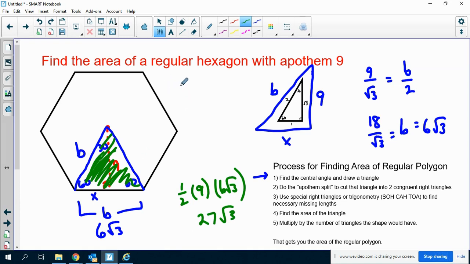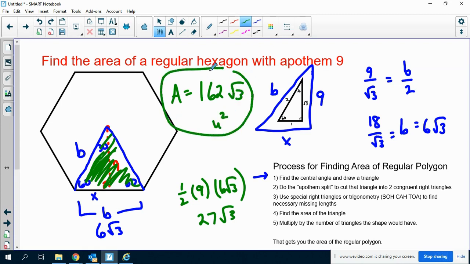So I'm going to multiply 27 root 3 by 6. So the area of this entire shape is 162 times the square root of 3 units squared.